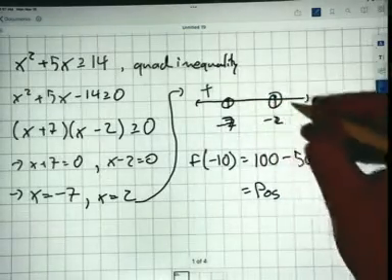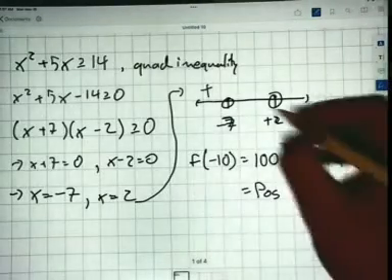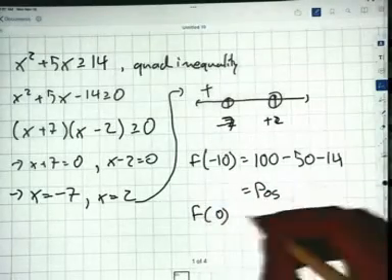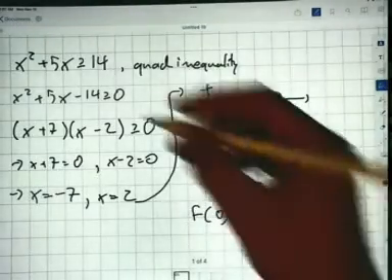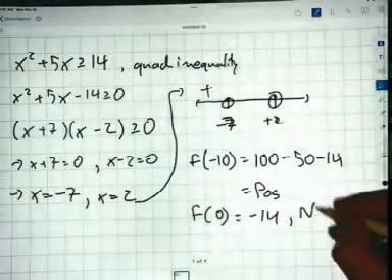What's something here? Oh, that's a positive 2, by the way, not a negative 2. What's something between here? How about 0? And the nice thing about plugging in 0 is you're going to get the constant, which is negative.